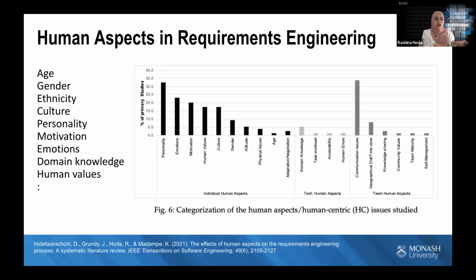So the age factor, how do you accommodate that and consider that in your design? Similarly for gender, similarly for personality and things like emotions.